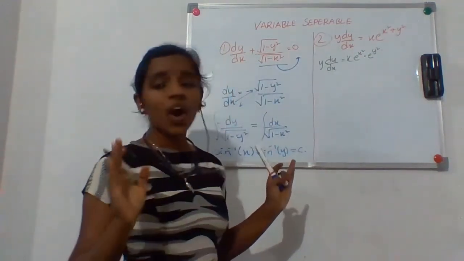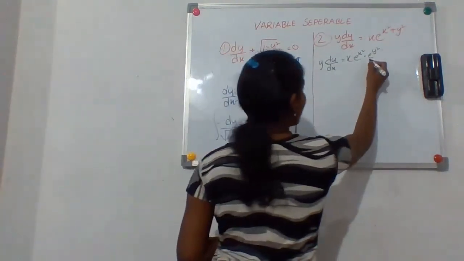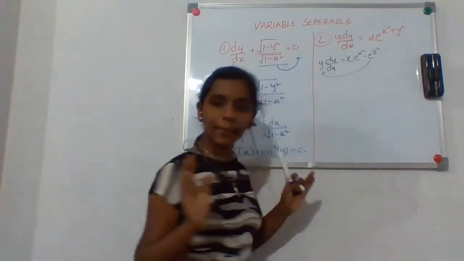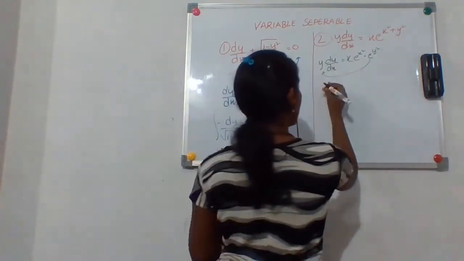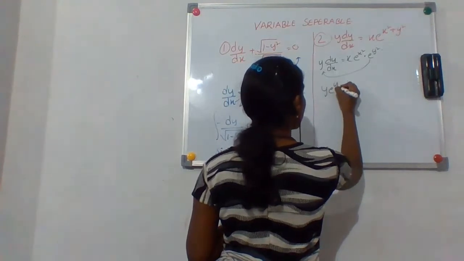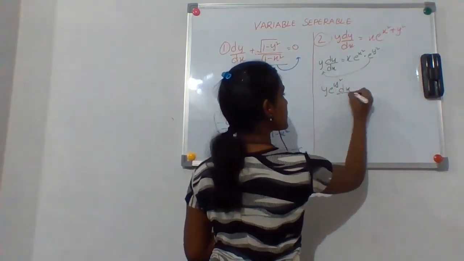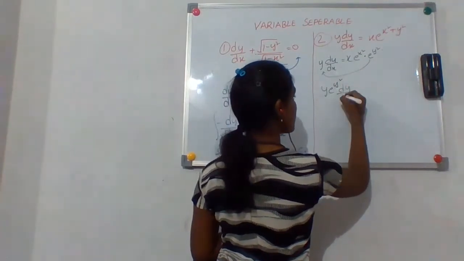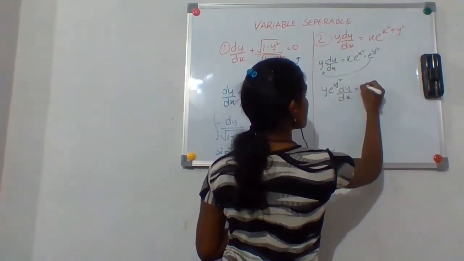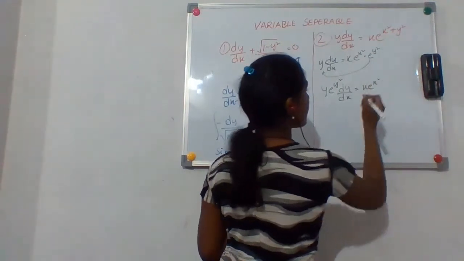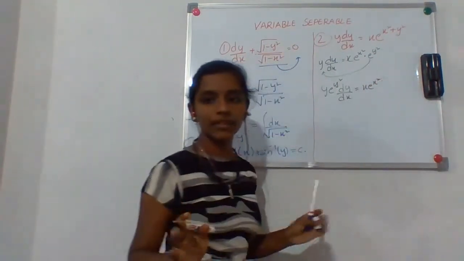Now, to take all the y terms on one side, I can take this down. Am I right? Sure. Now, y into e power minus y square into dy by dx is equals to x into e power x square. Right? We are done.